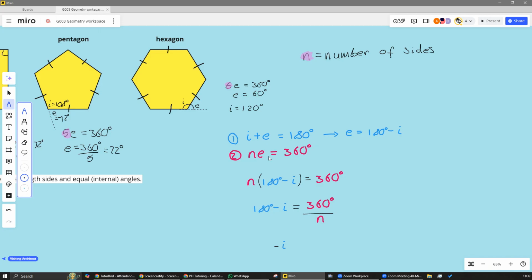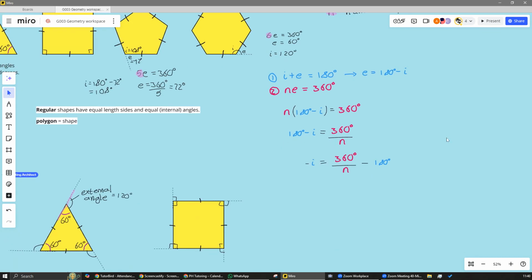It's the same as saying take away I. So I get negative I when I subtract 180 degrees. And that's going to be equal to the right hand side, and then of course minusing the 180 degrees. Like that. So now it's a bit messy to make negative I the subject.